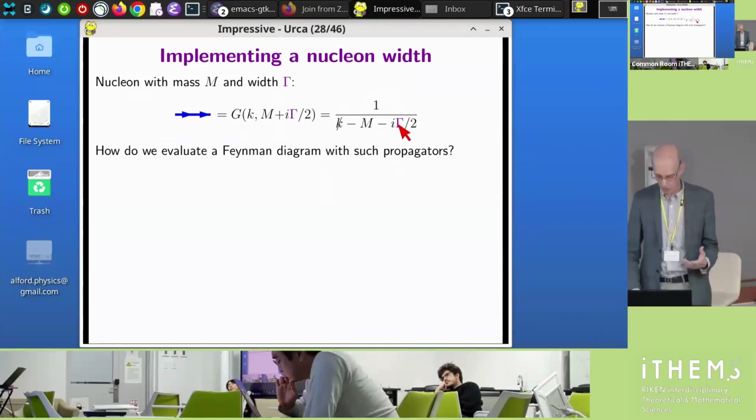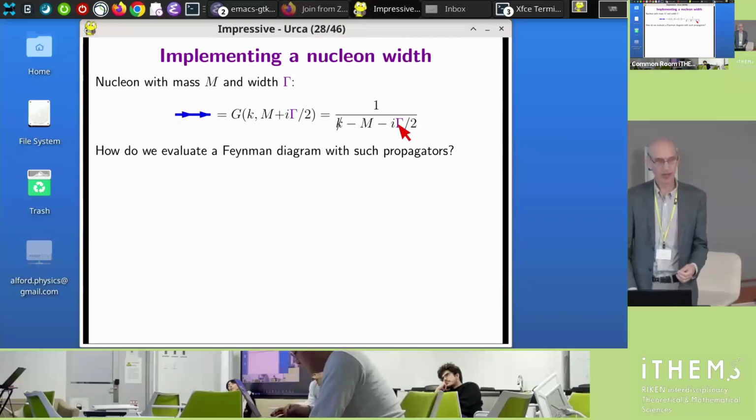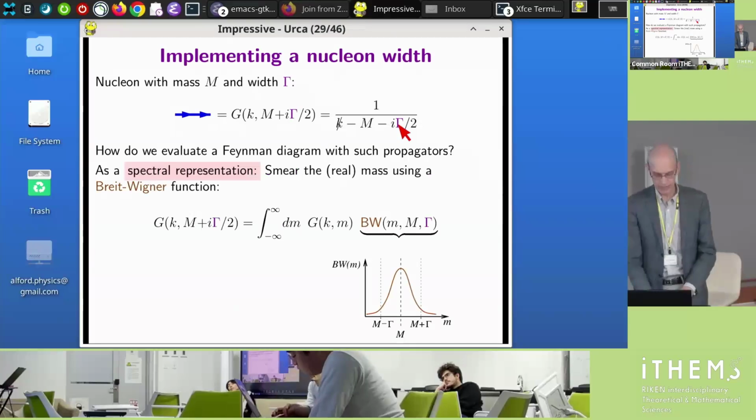But one way of doing it that minimizes the amount of new calculation we have to do is to say this propagator with a width is actually equivalent to the propagator without a width, but where the mass is integrated over a range of values.